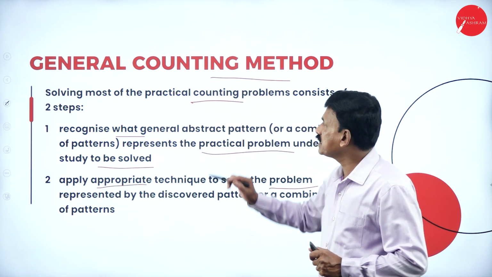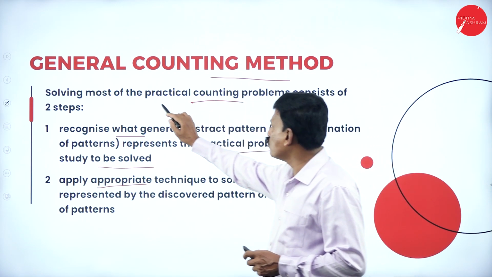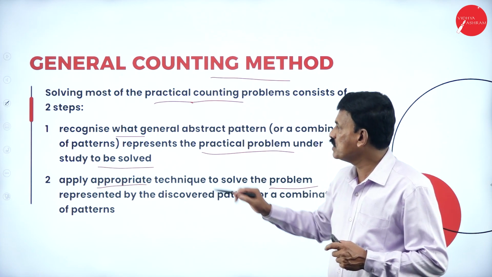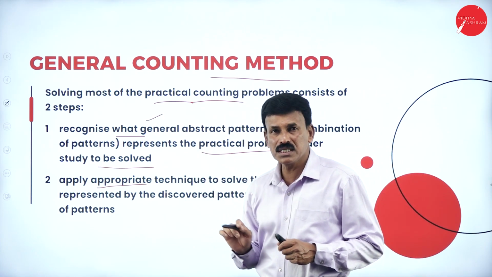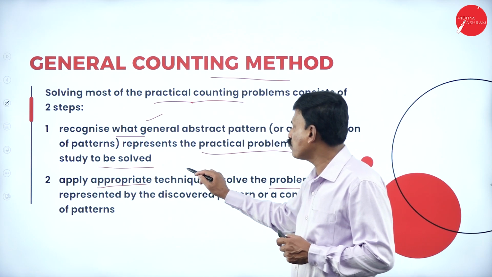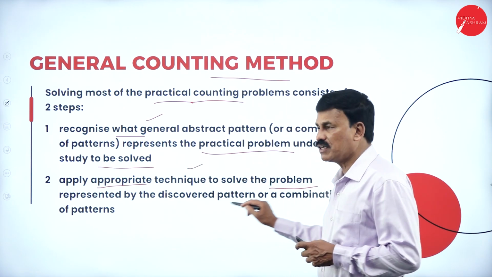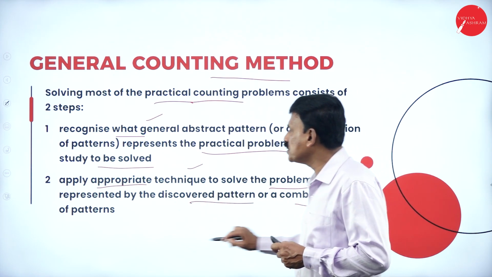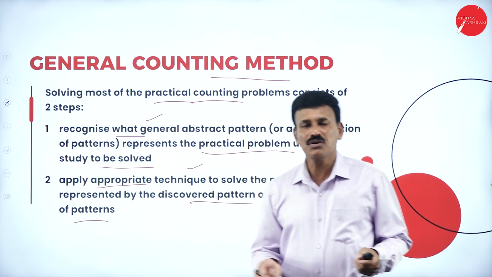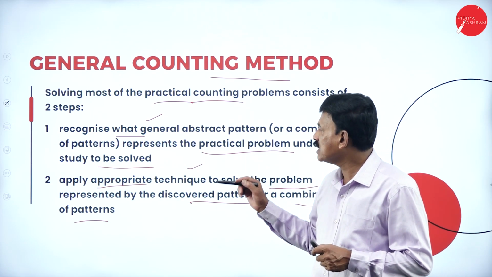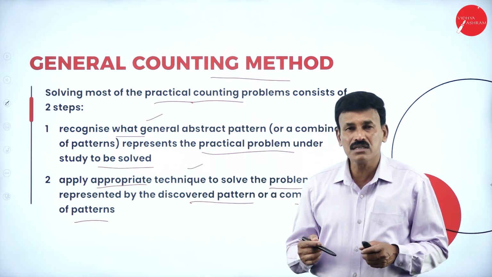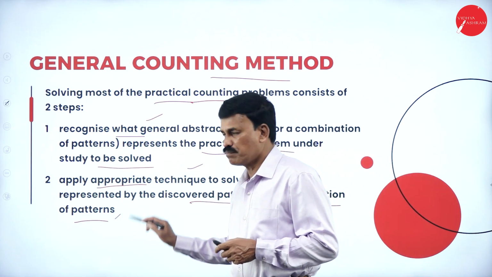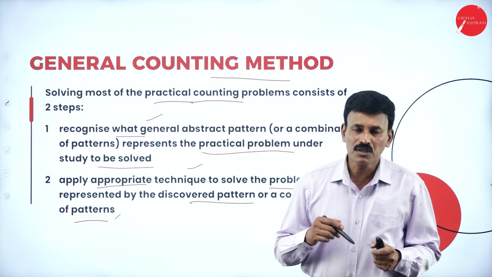So we are going to adopt two steps: the first is recognizing what the problem is, and the second is applying the appropriate technique to solve the given problem represented by the discovered pattern or combination of patterns.